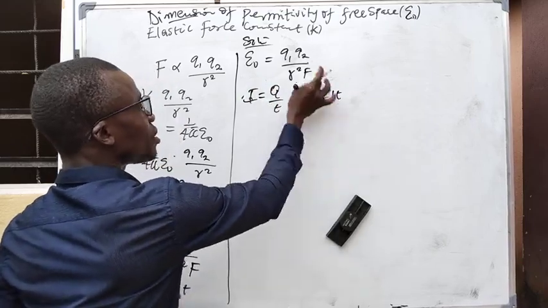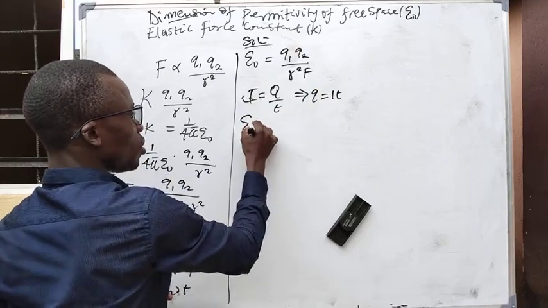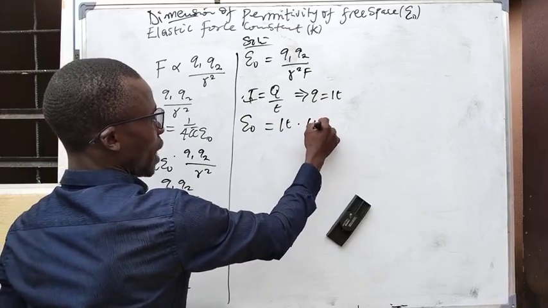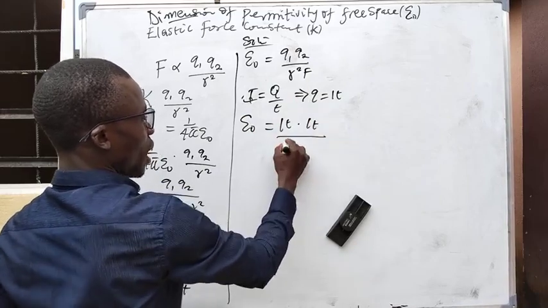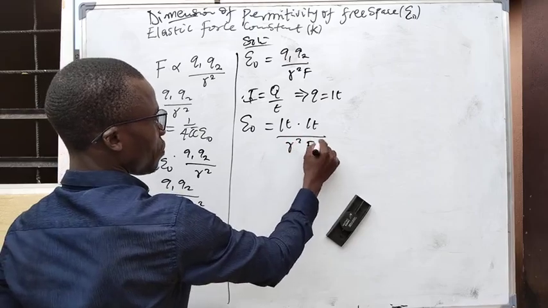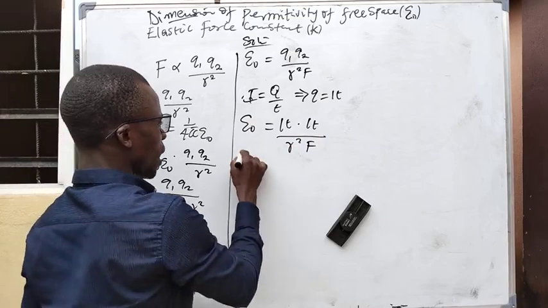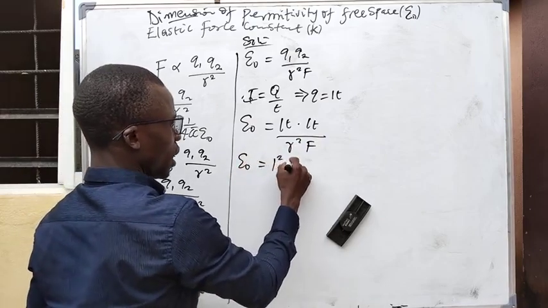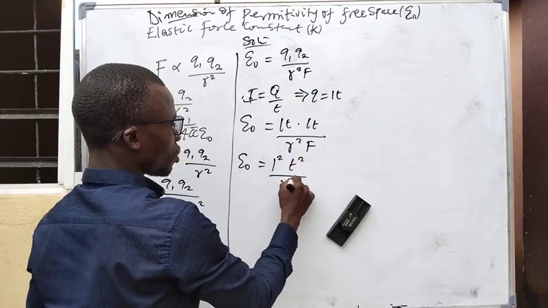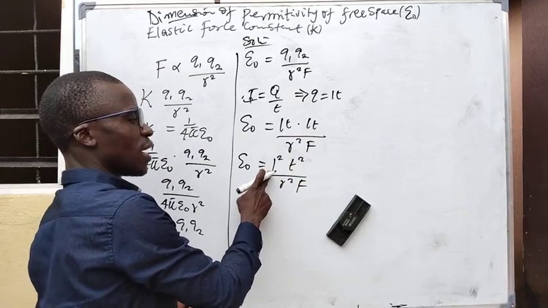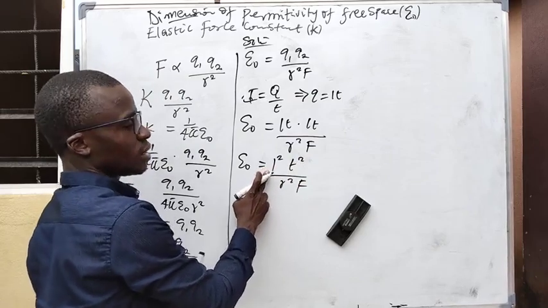So we now take this to replace this thing. So epsilon naught will now be equals to IT multiplied by IT all over R square F. Now we know that epsilon naught will be I square T square over R square F. So what is I square? The unit of current is ampere.